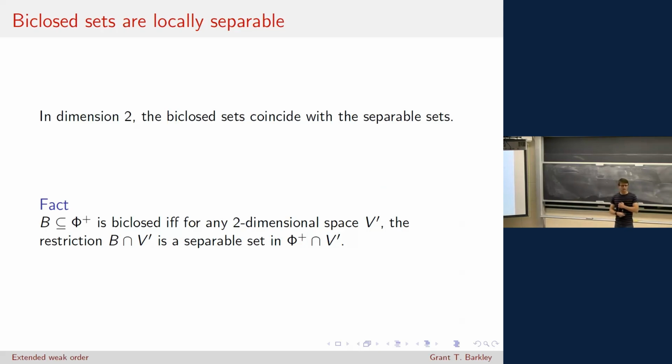And we can take this as a definition of biclosed. So biclosed sets are the ones that you get by asking that for every intersection of your set with a 2-dimensional subspace, you get a separable set. So it's like being locally separable. Whenever I take a 2-dimensional slice of my root system, the elements of my biclosed set actually form a separable set inside that slice.